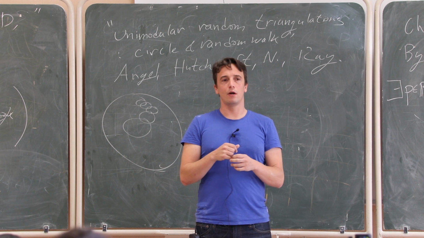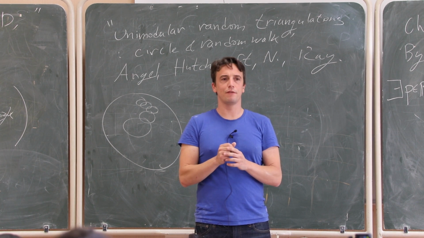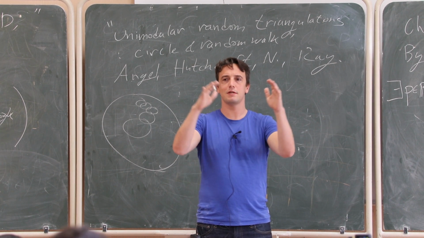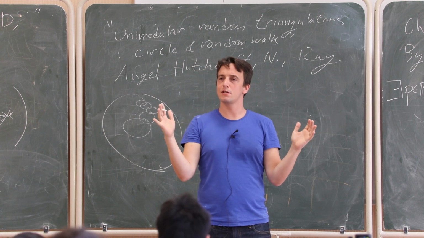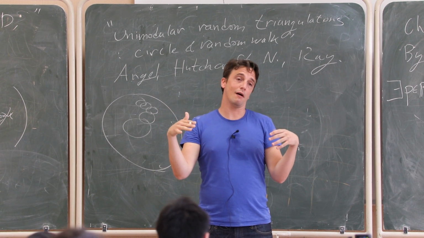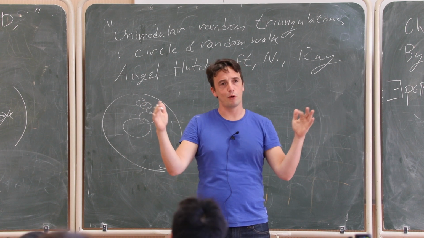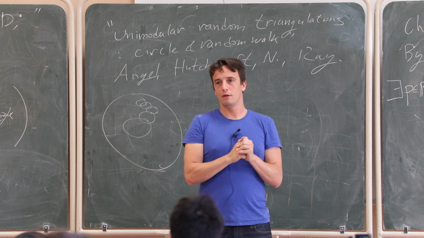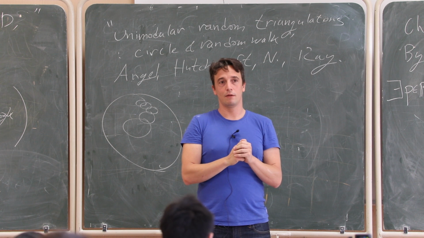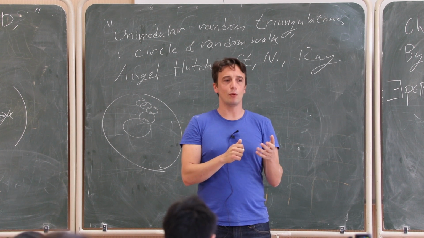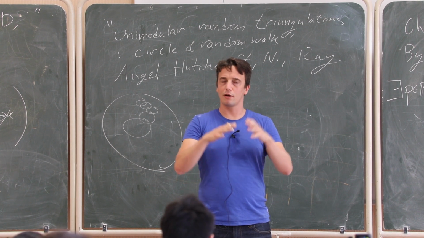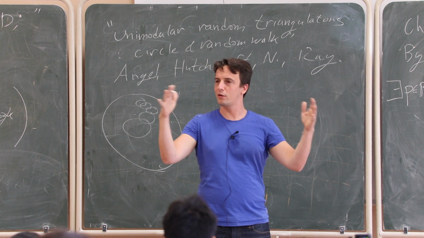So who knows of a planar, infinite planar map in which the resistance to the ball of radius r is not just at least logarithmic, but also at most logarithmic? And let me give you a hint. It doesn't matter if it's the graph distance or if it's the Euclidean distance.